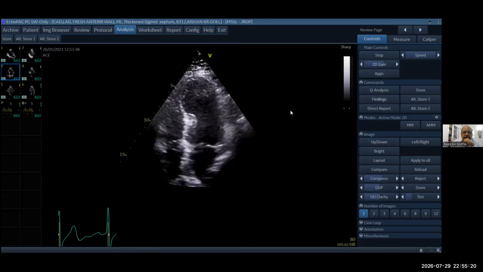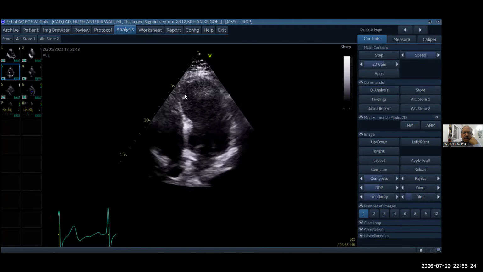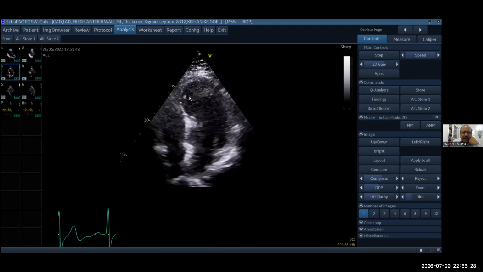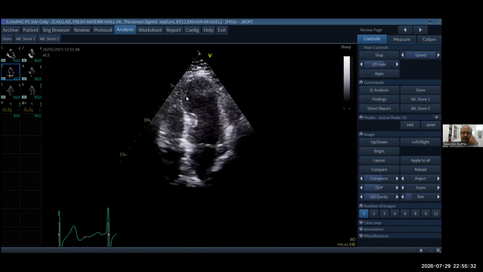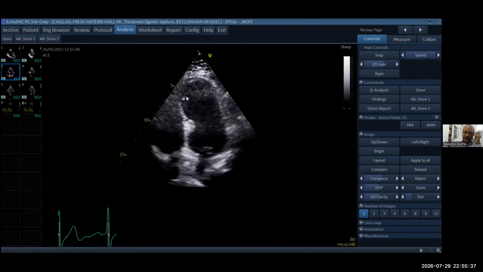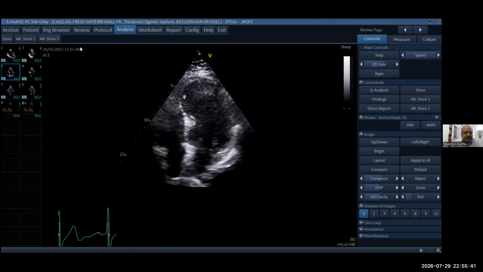Now look at this patient. This patient's endocardium is very well visualized. Look, apical septum, apical lateral along with apex, they're almost akinetic with good endocardial thickening. Look at this segment, endocardium is still visualized. So this is a patient of acute ST elevation MI with preserved endocardial thickness.